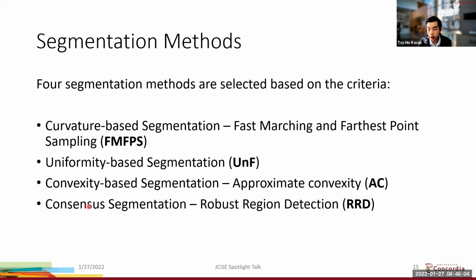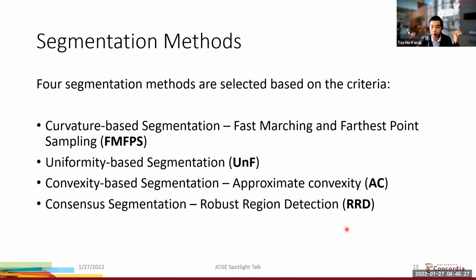And the last one is the consensus segmentation. It's not a particular segmentation principle; it's more of a higher-level one. The method oversamples, meaning it makes a lot of over-segmentation, with many different segments on the models, and tries to see which ones are common.